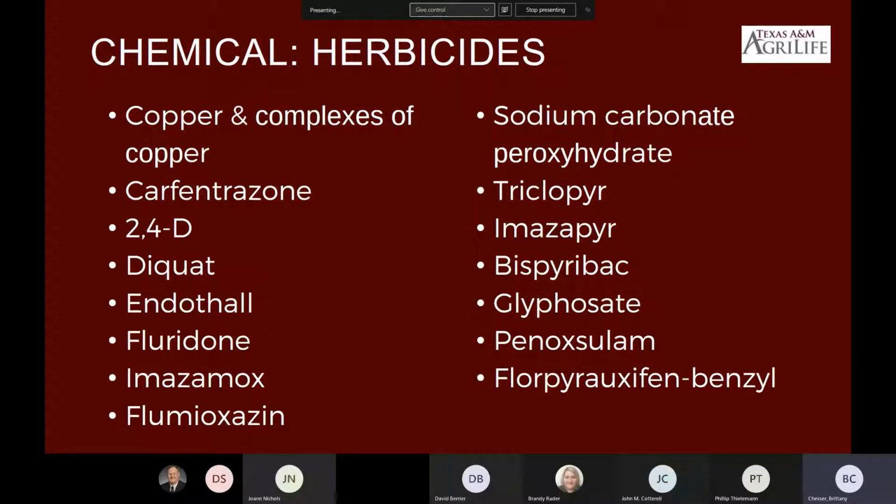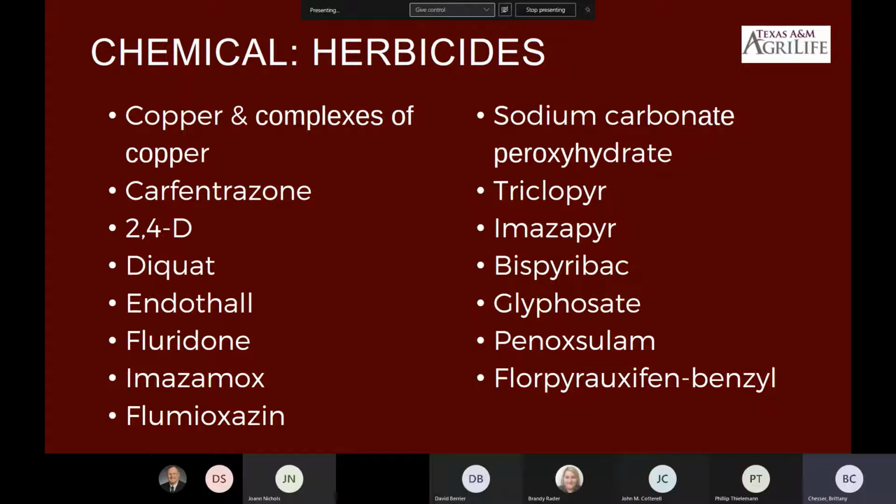An example I always give, because people are pretty familiar with it, is that a terrestrial labeled herbicide may contain the active ingredient glyphosate. For example, Roundup is a terrestrial herbicide that contains the active ingredient glyphosate. That is not labeled for aquatic use, and so it is illegal to use it, because remember, the label is the law.